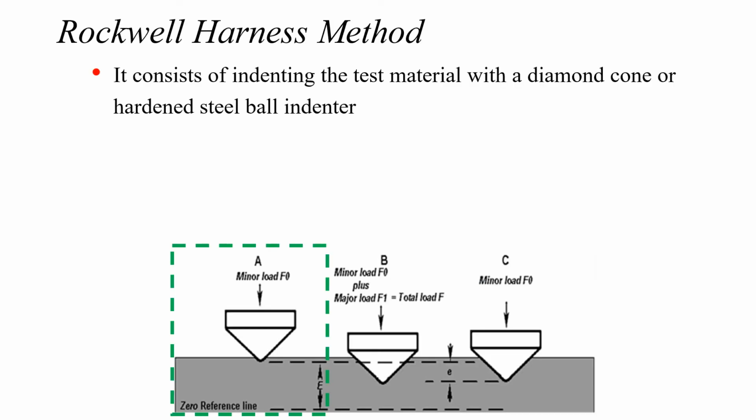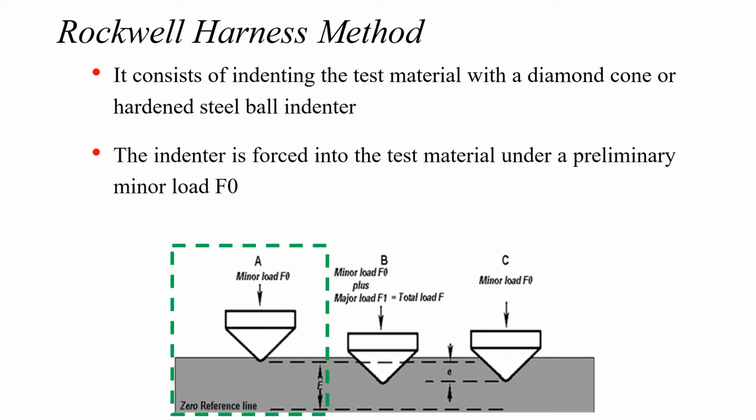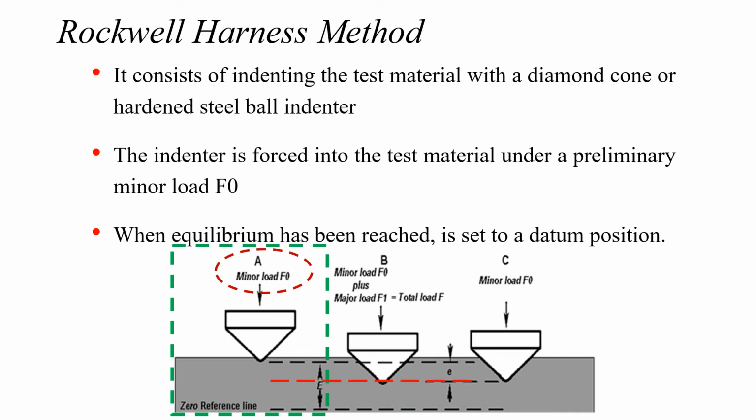The Rockwell hardness method consists of indenting the test material with a diamond cone or hardened steel ball indenter. The indenter is forced into the test material under a preliminary minor load F0. When equilibrium has been reached, it is set to a datum position.